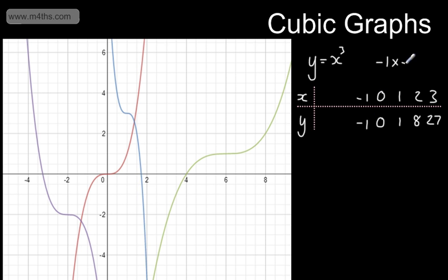Minus 1 times minus 1 is equal to 1, multiplied by minus 1 again, and you're going to get minus 1. So cubing a negative number means that we're going to have this part just here coming down and being negative and getting very big very quickly. So minus 2 is going to give us minus 8, and minus 3 is going to give us minus 27.